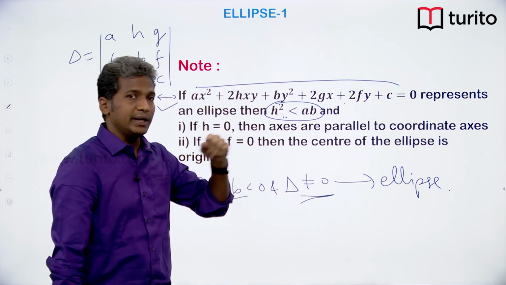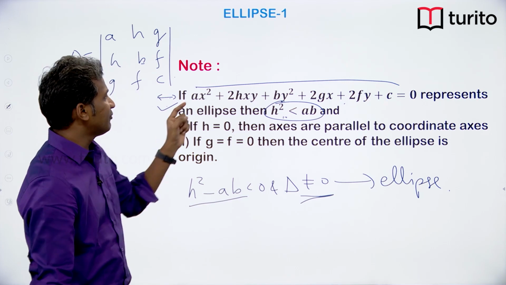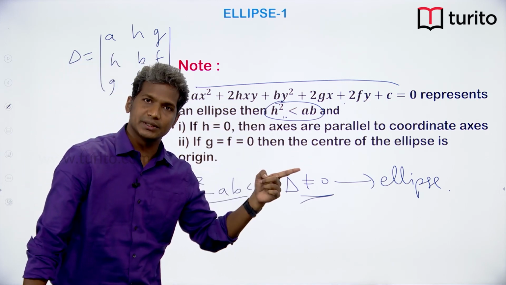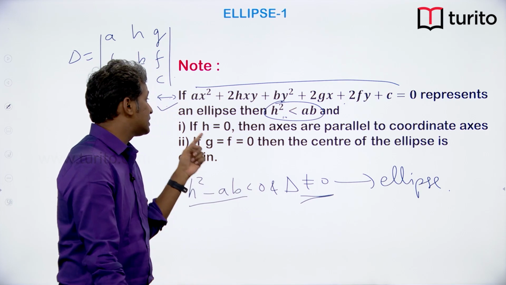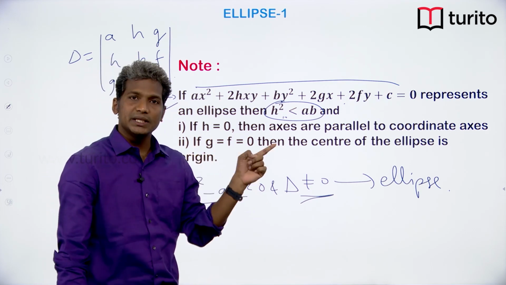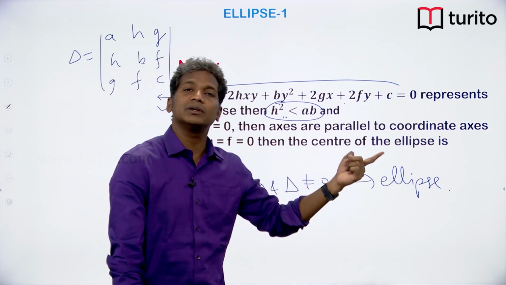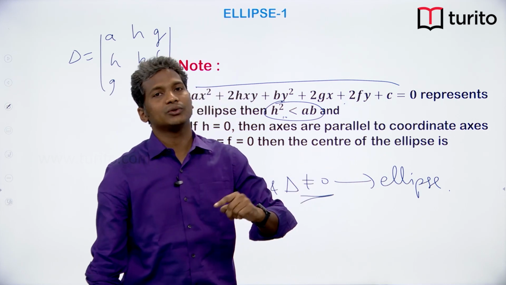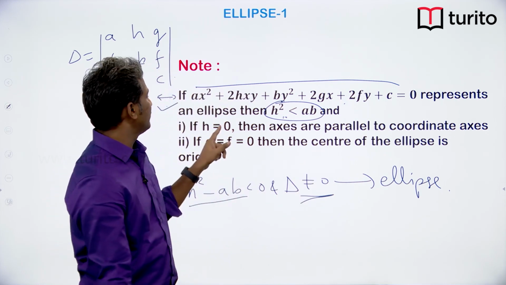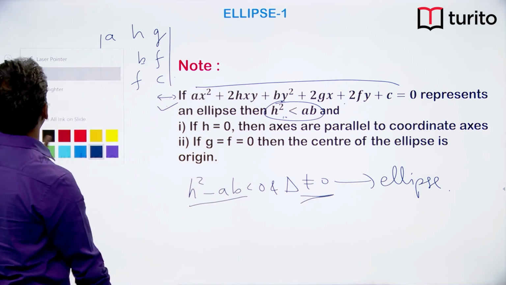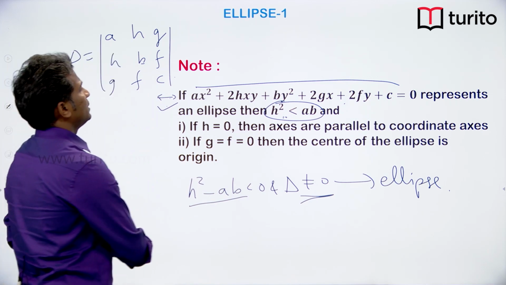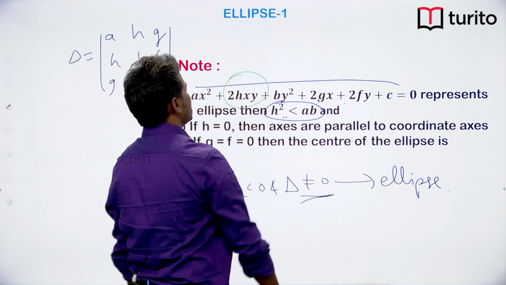If it is already representing an ellipse and h is 0, it means the axes of the ellipse are parallel to the coordinate axes. So if h is 0, what does it mean? It means the xy term is absent.